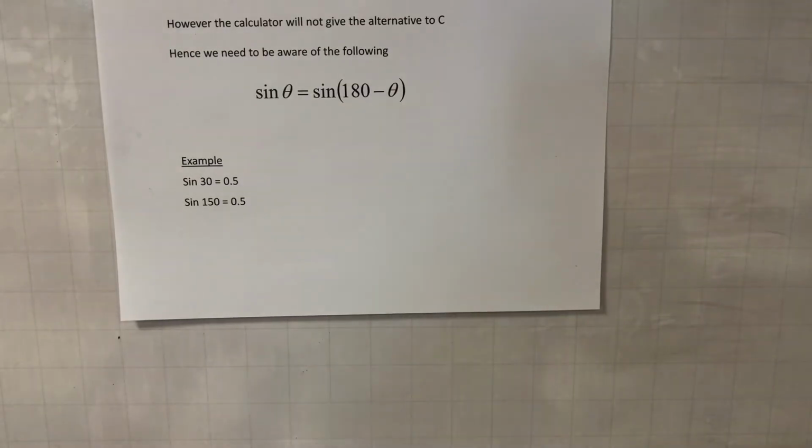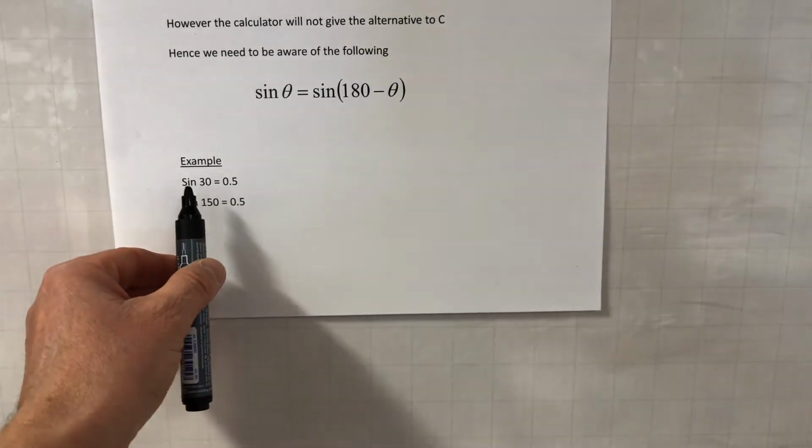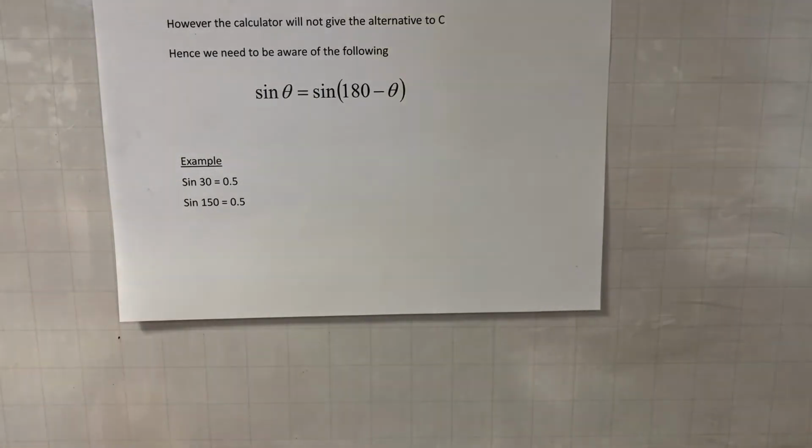Again, this bit only makes sense if you've completed the first lesson's worksheet, and that is on a construction of a triangle. What you actually find is that the information given provides you with two triangles with that same information. We call it ambiguity. If you type into your calculator the sine of 30, which we know is a nice answer of a half, then if you type in the sine of 150, you'll find that that's also a half.